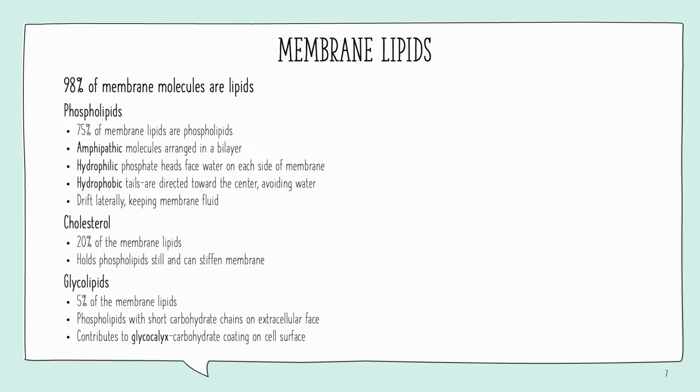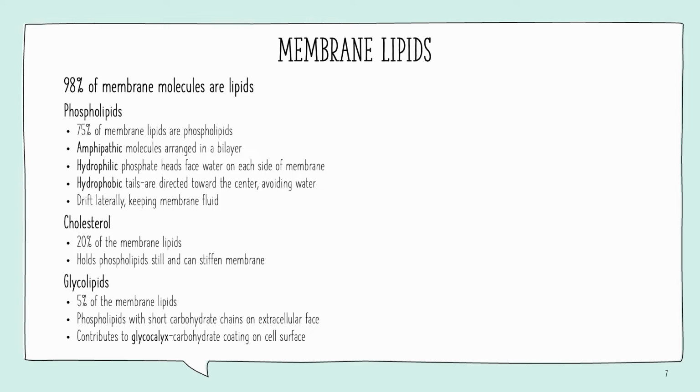So phospholipids, 75% of the membrane lipids are phospholipids. There are three different types depending on how they are positioned within the membrane wall. There are amphipathic lipids, which are molecules arranged in a bilayer.